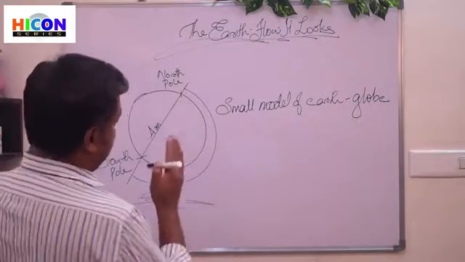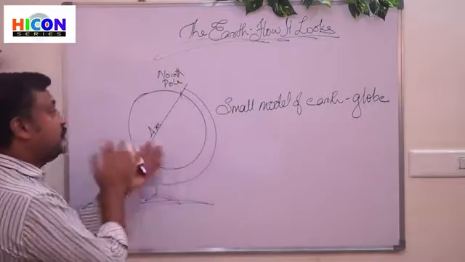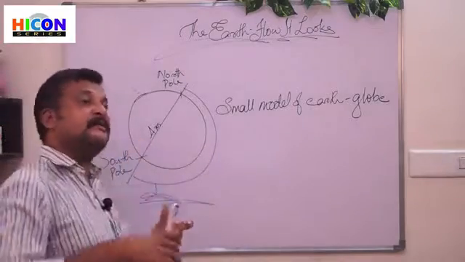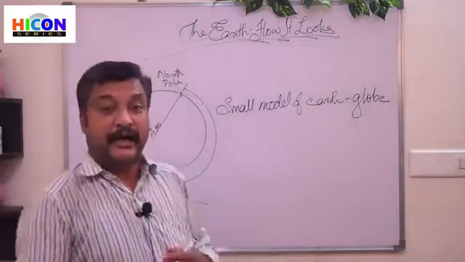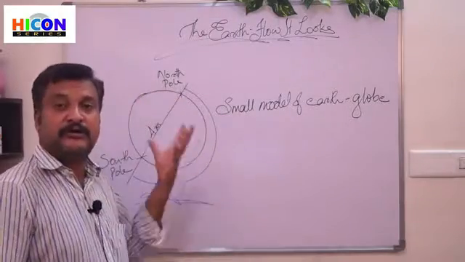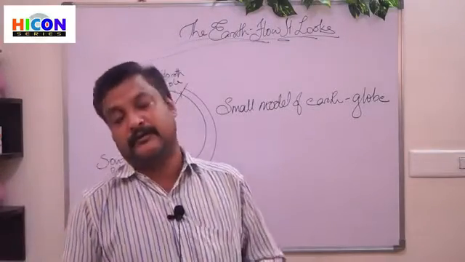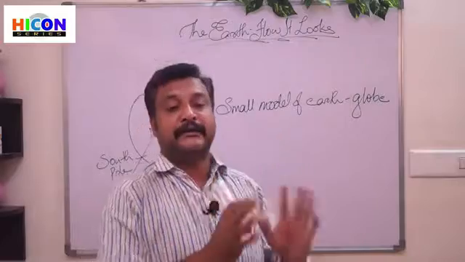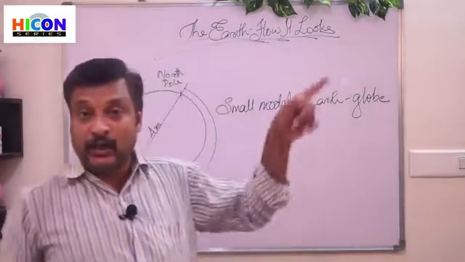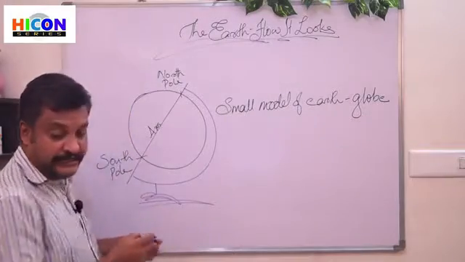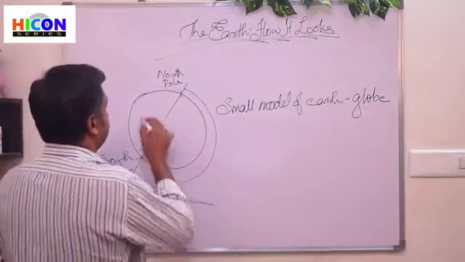Now, when we look from this side, we can see only this part of the earth. Now we can rotate it. Just like the earth rotates on its axis, we can rotate it, and this can be used for studying purpose also, how day and night are formed. Right now, to check the equator, the equator passes through like this.